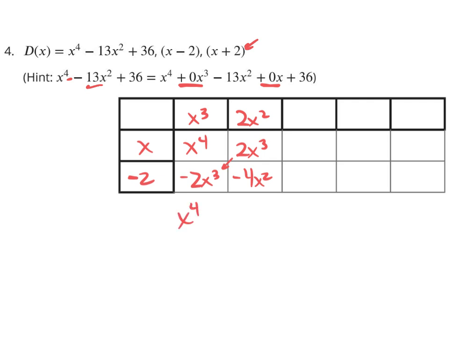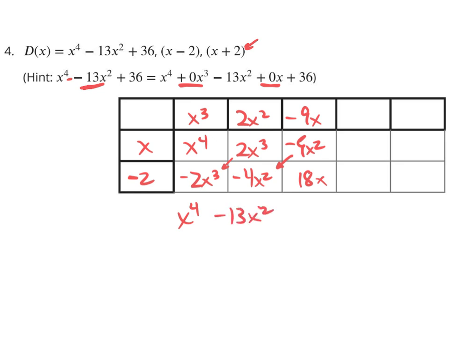And then now we need negative 13x squared. So negative 9x. Negative 9x times x is negative 9x squared. Negative 9x times negative 2 is 18x. Negative 9 plus negative 4 is negative 13x squared.